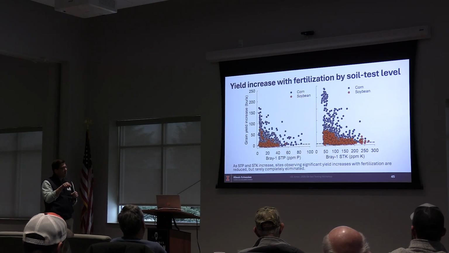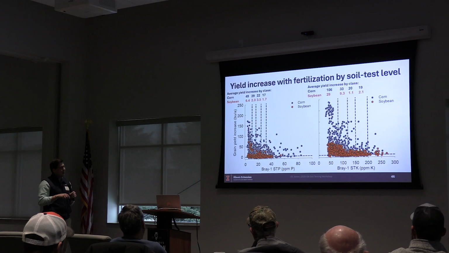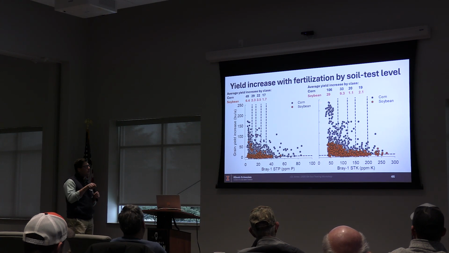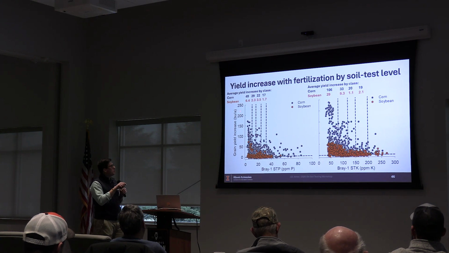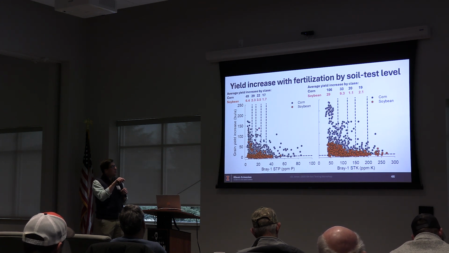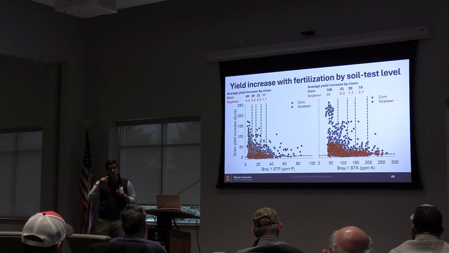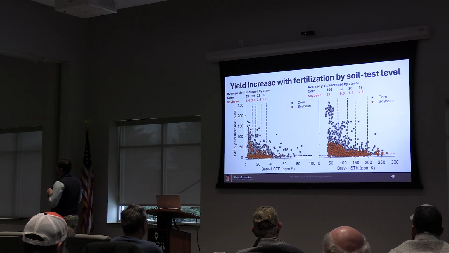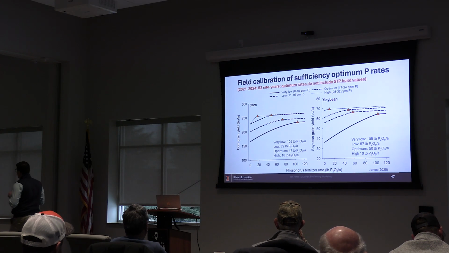But I think the more important part is where we start to break point on the right side. And then what we can do as well is break this out into interpretation classes and say, what is the at least average yield response to P or K within these scenarios in these different classes. So if we're very low, low, or optimum, what are the expected yield responses as we're moving across this data set?